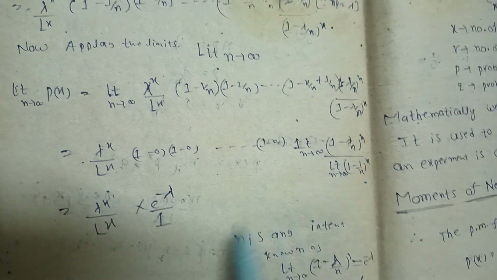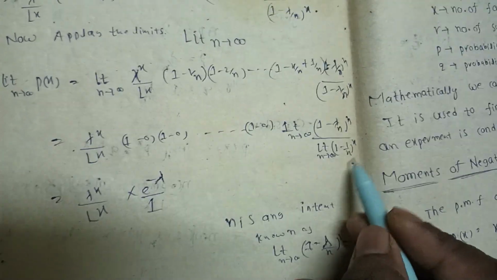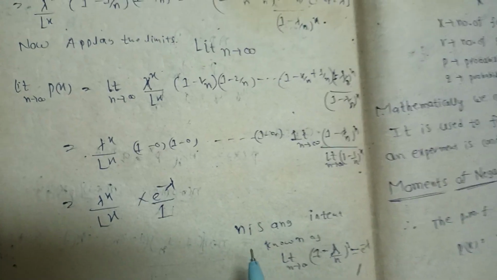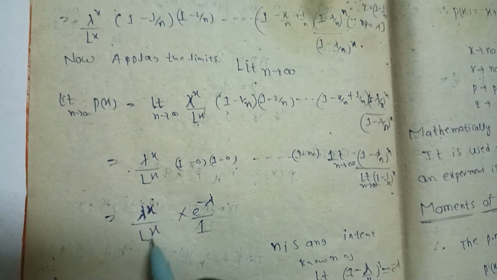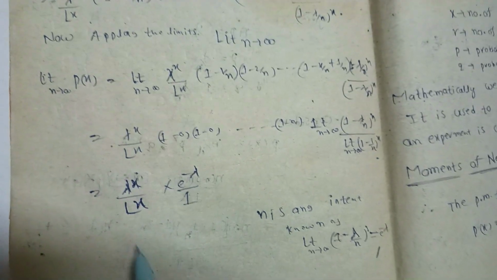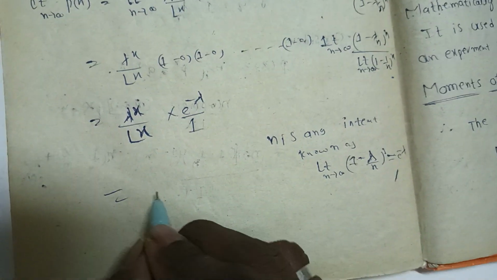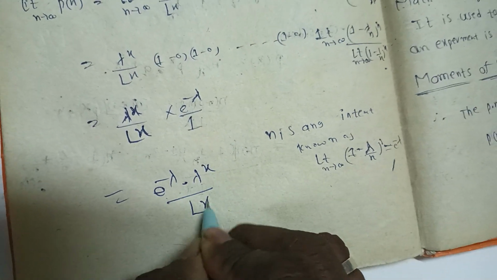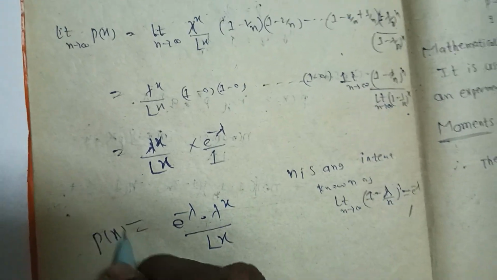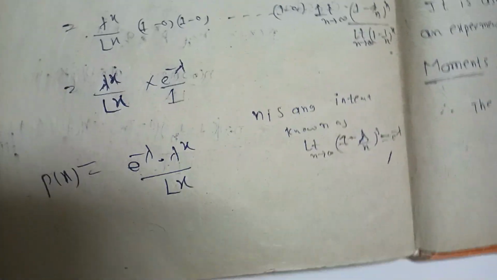So this is the value e to the power of minus lambda, and this is the value 1 only. So lambda to the power of x divided by x factorial. This is the PMF, e to the power of minus lambda, lambda to the power of x divided by x factorial, which is the Poisson distribution.